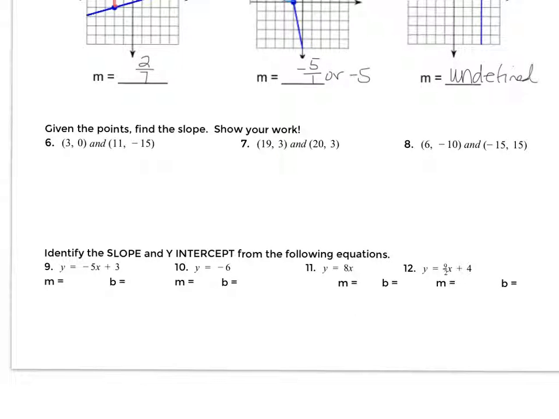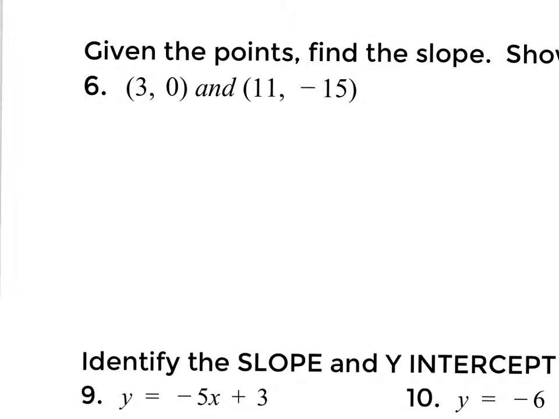Now recall, we're going to use that formula, y2 minus y1 over x2 minus x1. That will not be given to you on your test. You're just going to have to know it, folks. And not only should we know it, you should be writing this on your paper.